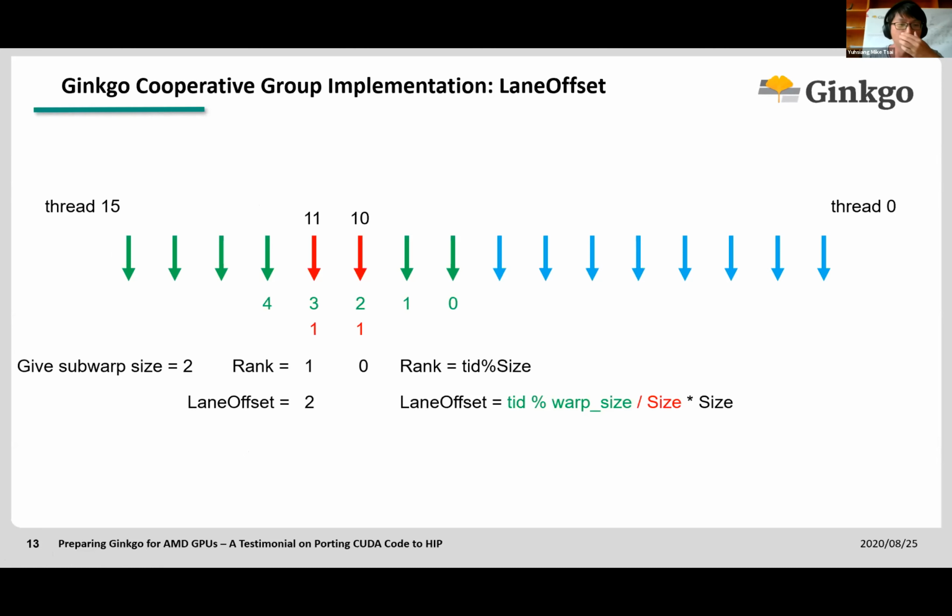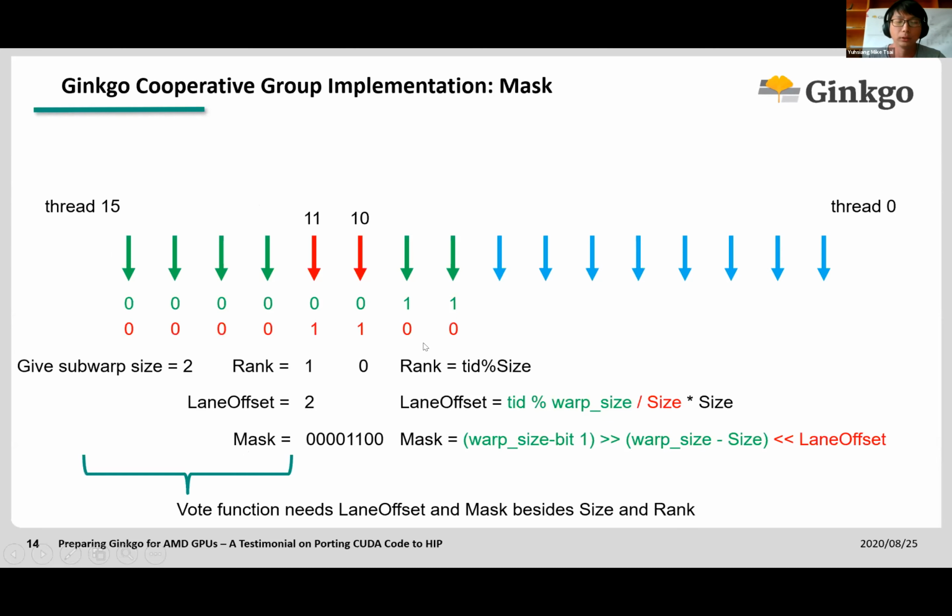Moreover, we need the lane offset, so it's a more complicated, longer computation. And also for the mask. We need this additional information because functions like any, match or ballot need the lane offset and mask. After that, we have implemented everything we need in the Ginkgo library, so we can use it as the CUDA implementation.